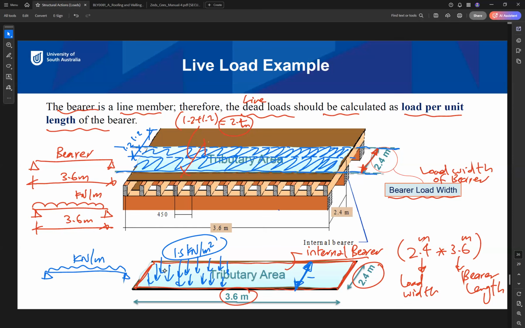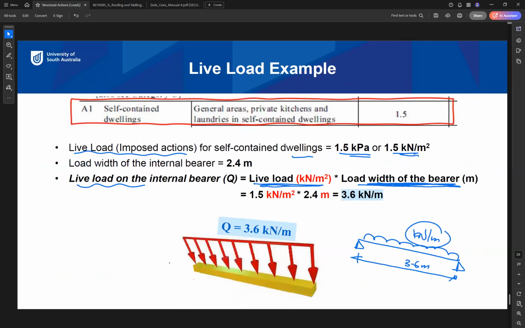So if we multiply by this width, which is called load width, we will convert it from area load to line load. So this is a line load, this is area load. So to convert this 1.5 to line load, we will multiply the live load, which is 1.5 kPa, times the load width.